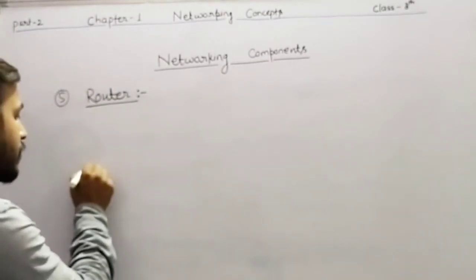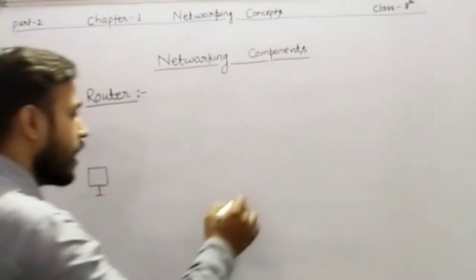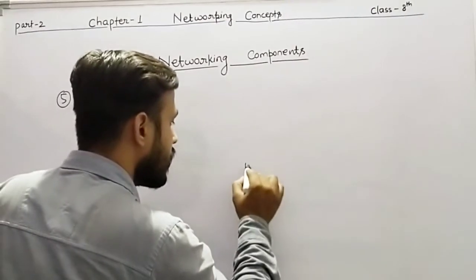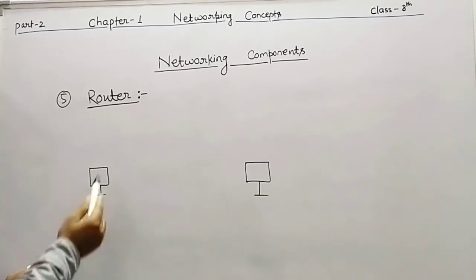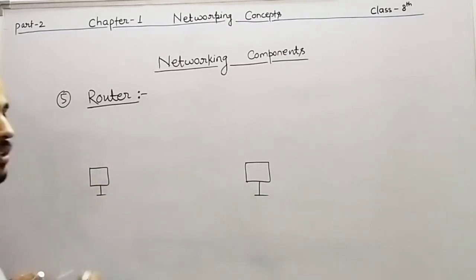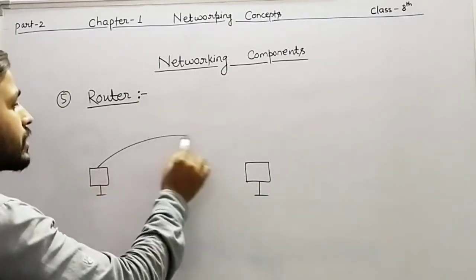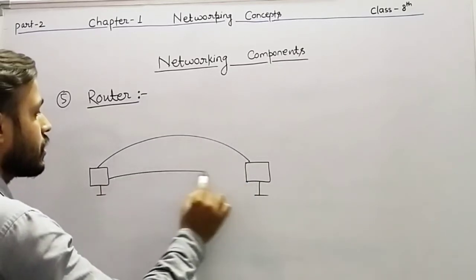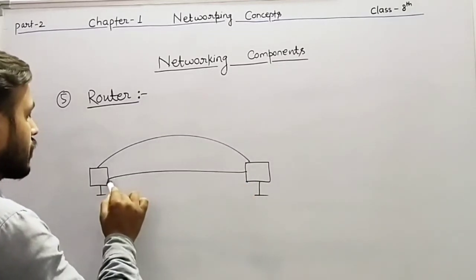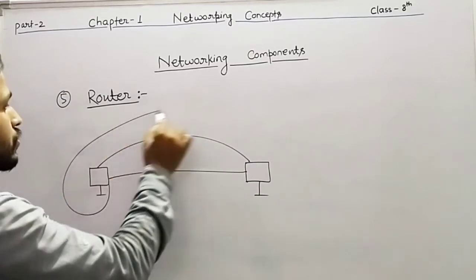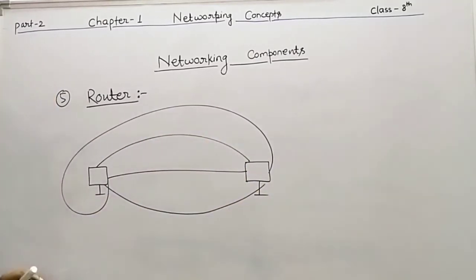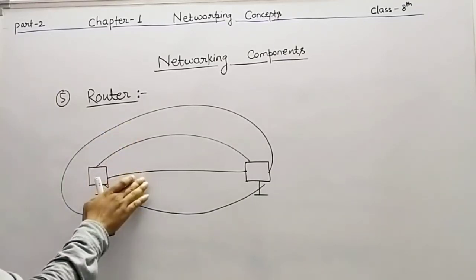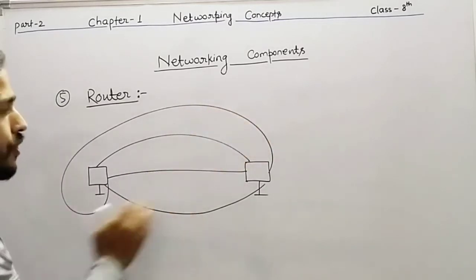Like if we have one port here and another port here, and from this port to this port there are many routes. So we have a first route, second route, third route, and fourth route.